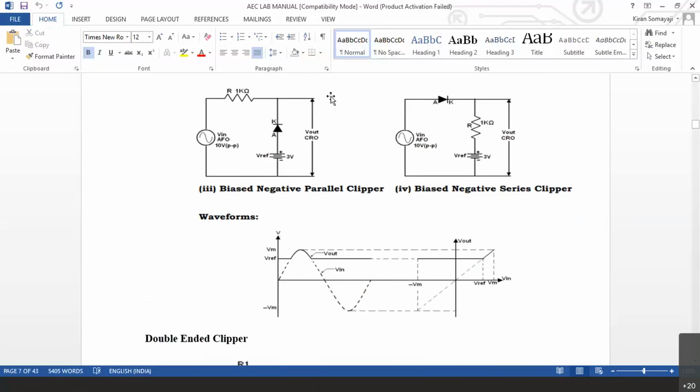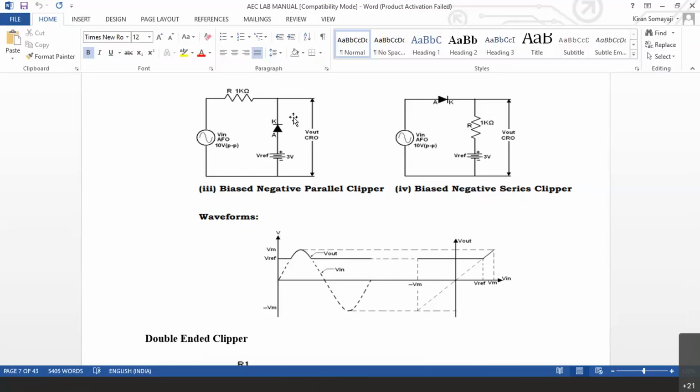Now once we connect a capacitor in series with this circuit, we can always see only the clipped AC waveform, only this much. If you don't connect a capacitor here, you will be getting that DC 3 volts also, because diode is conducting. Whereas in the oscilloscope, we have something called AC mode. When you conduct this experiment in the lab, there is something called AC mode and DC mode.